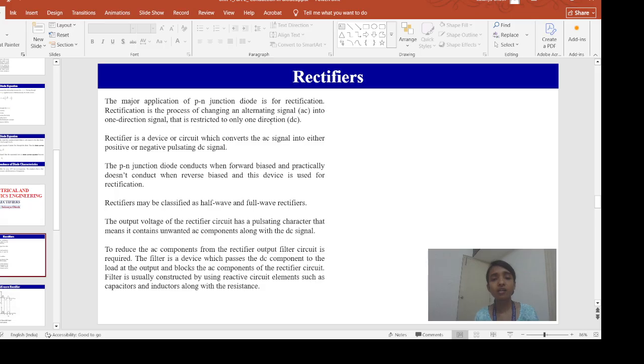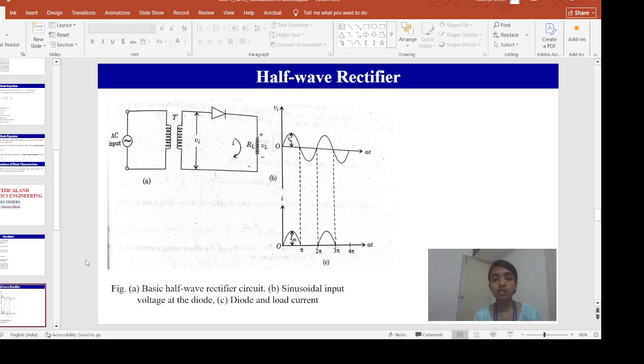Now we will see how rectifiers are classified into two types. One is the half wave rectifier, and the other is the full wave rectifier. So this is my circuit of the half wave rectifier. Here we are applying the AC input signal to the primary of the transformer, and this transformer can be either a step up or step down transformer.